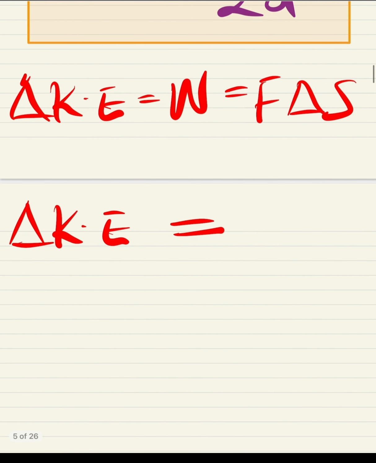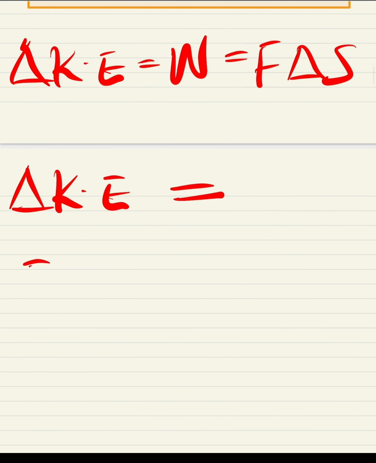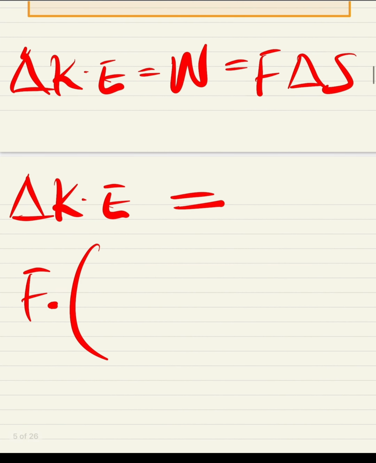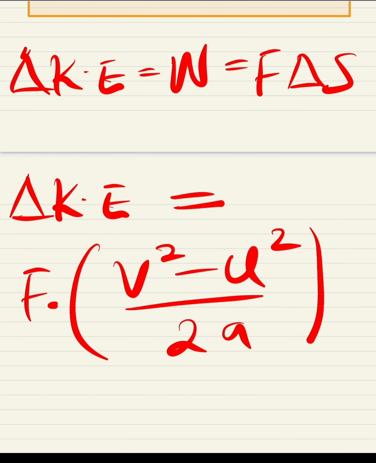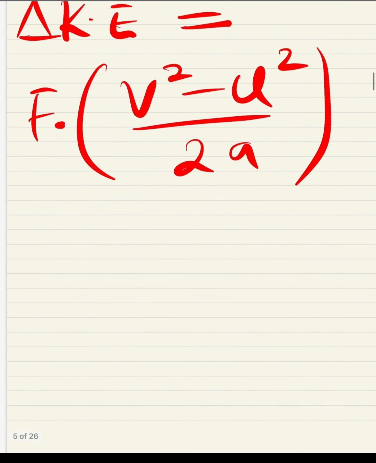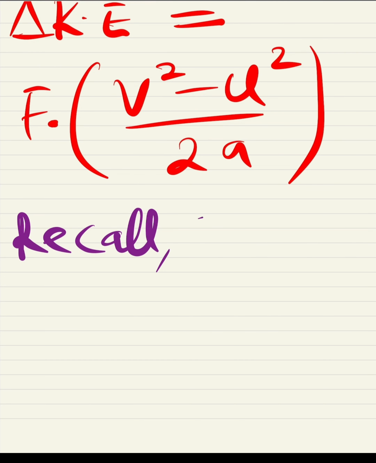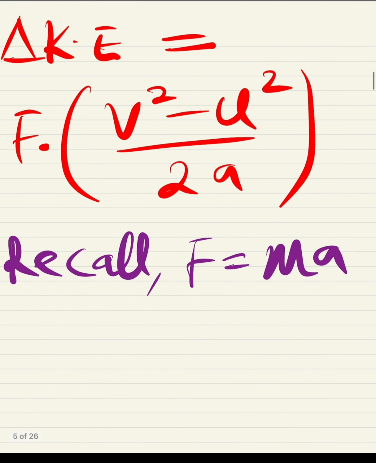you can also break the F further. The change in X now, this is the multiplication. You are going to replace all of these things, which is going to give us V squared minus U squared over 2A, right? So from there, you can also recall what your F is. You recall that F is equal to MA, right?